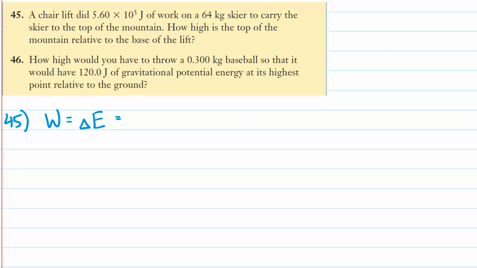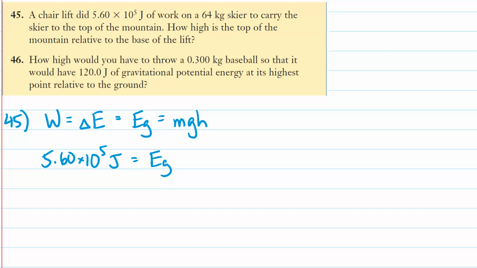So this change in energy that the object has equals the gravitational potential energy, which equals, as you know, m times g times h. So if we did 5.60 times 10 to the 5 joules of work on the object, that equals how much gravitational potential energy that object has.